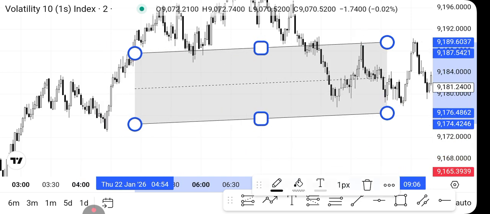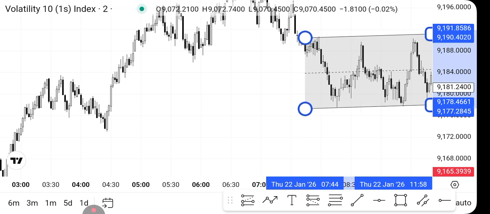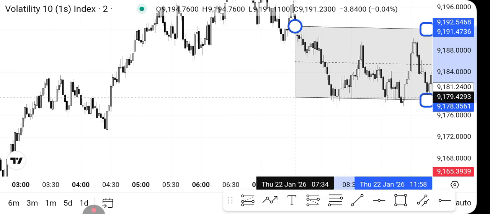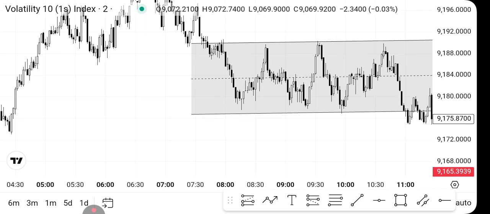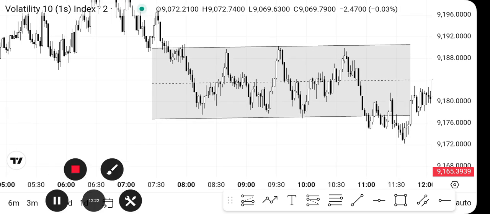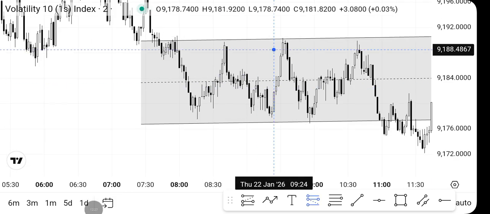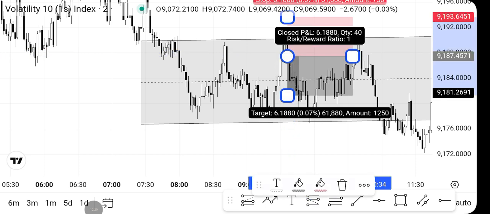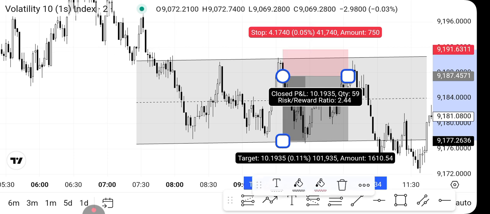You've had 3 touches already. And on that third touch, if you get a confirmation, I advise you just take the sell. I advise you take the sell because that's a confirmation. Yeah, look at this. This is a confirmation. Take the sell above the high.